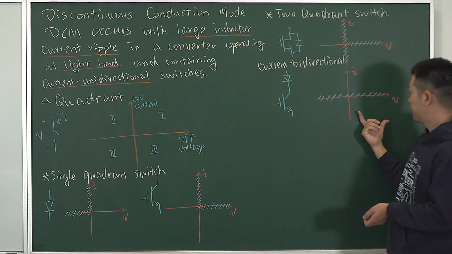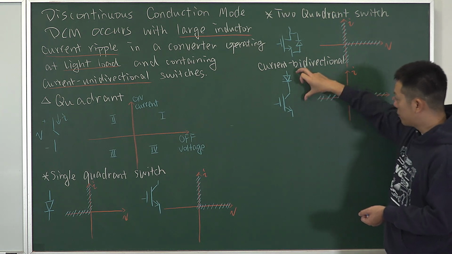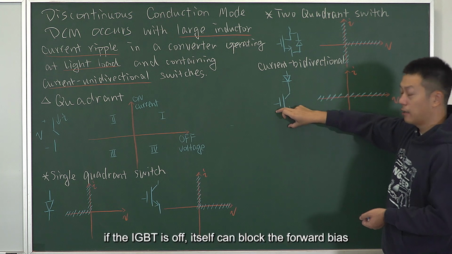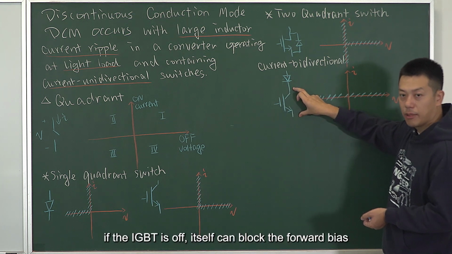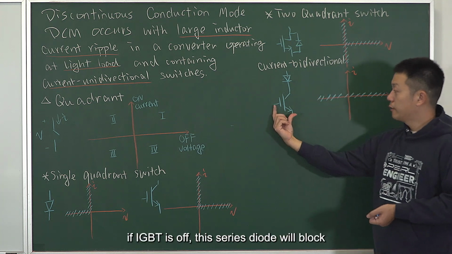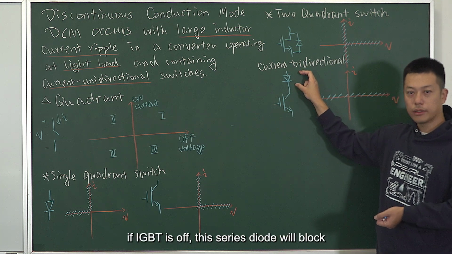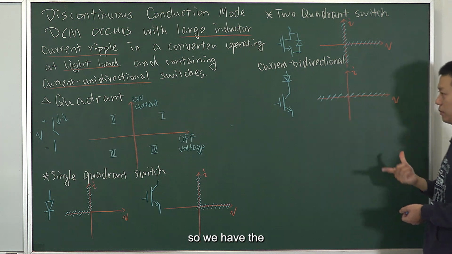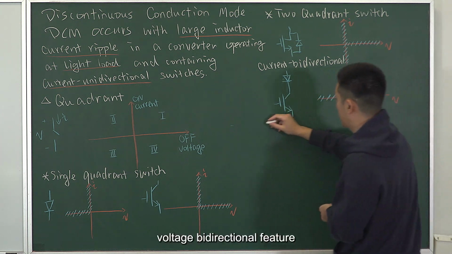In the forward direction, if the IGBT is off, it can block the forward bias itself. In the reverse direction, if the IGBT is off, the series diode will block. So we have the voltage bidirectional feature.